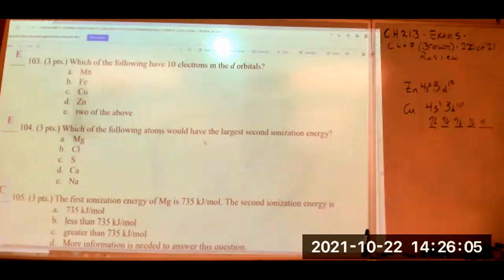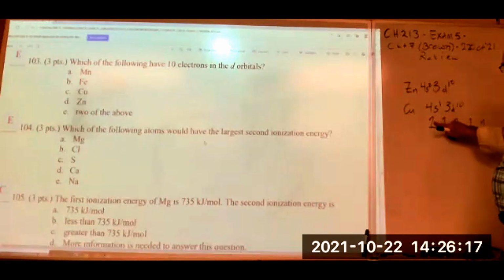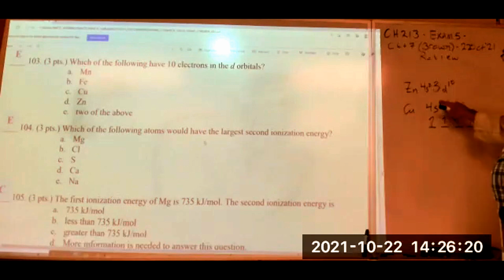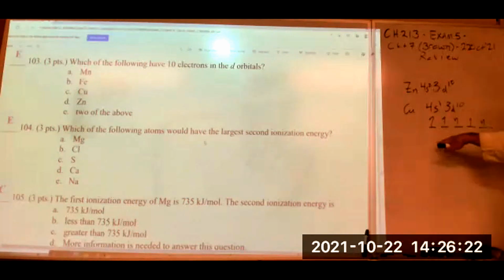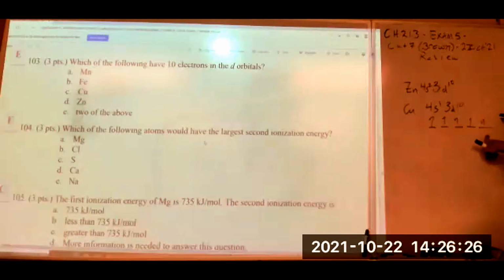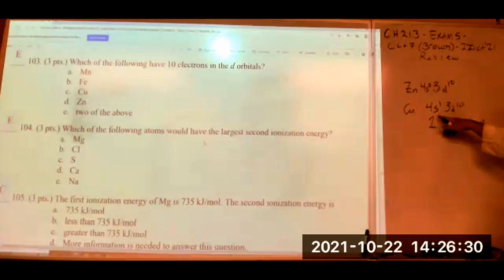The same thing happens when you get to chromium and manganese. They're half filled. So we would have 4s2, 3d5 would be manganese. But chromium would be 4s1, 3d5.